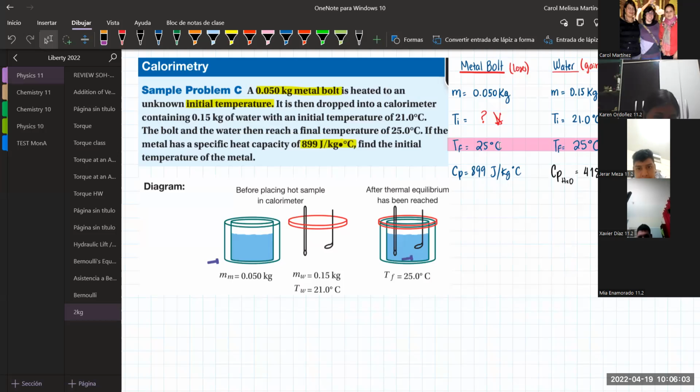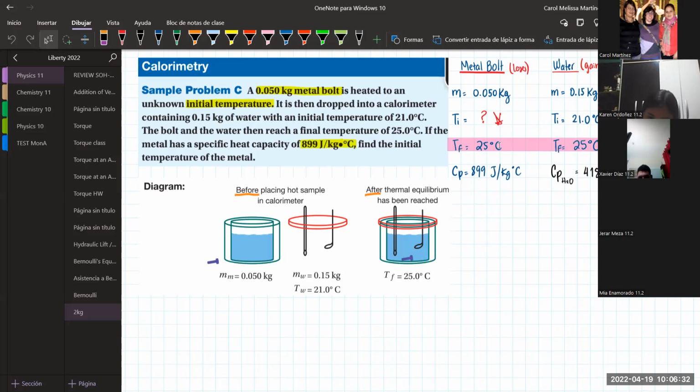They are giving me a diagram. Sometimes they will give you a diagram, sometimes they won't. This time they're giving you a diagram, and we have a moment before and a moment after.